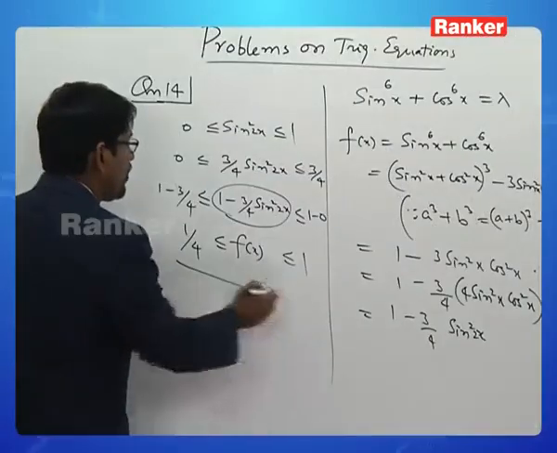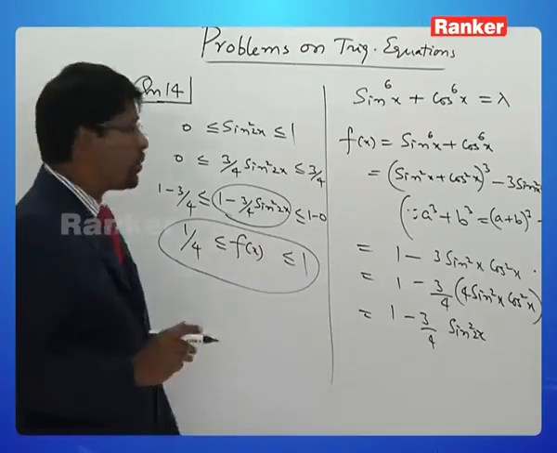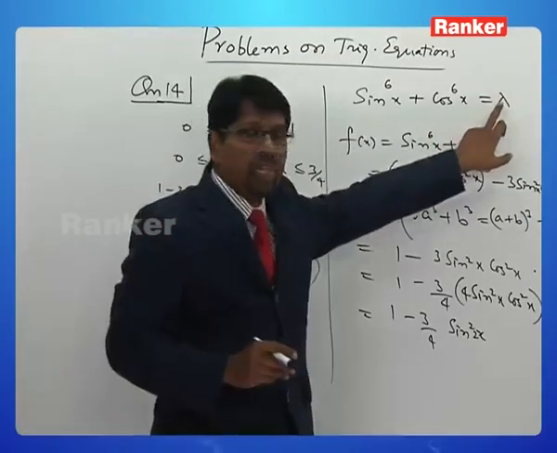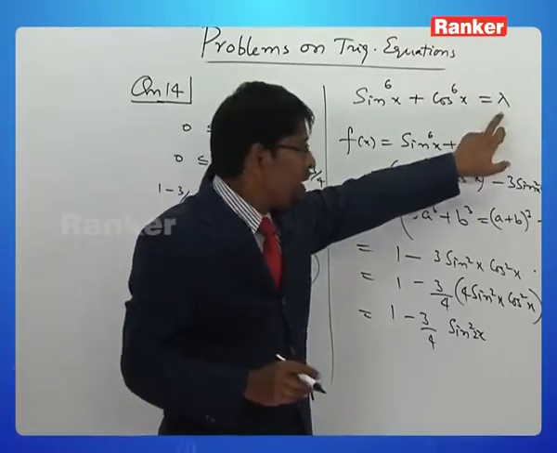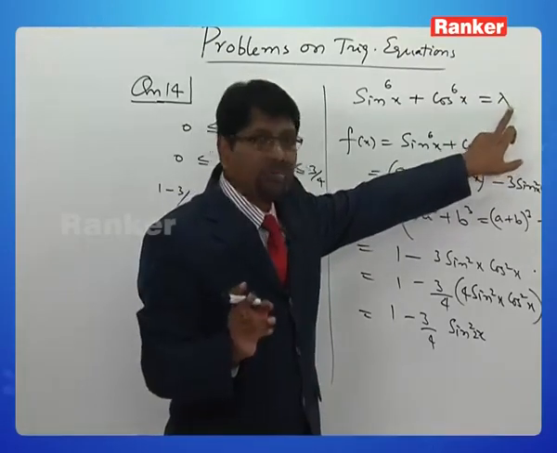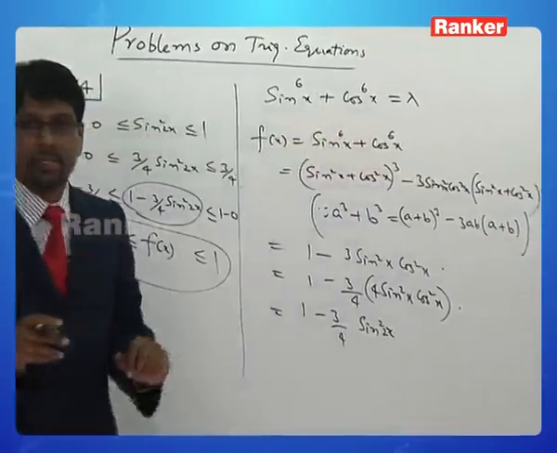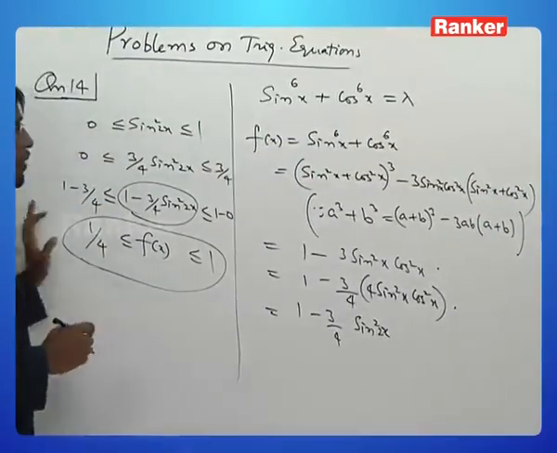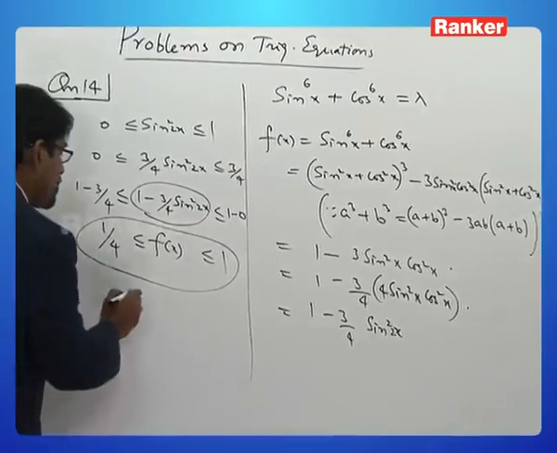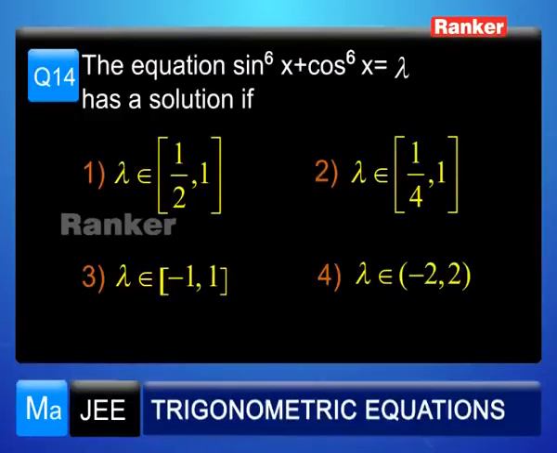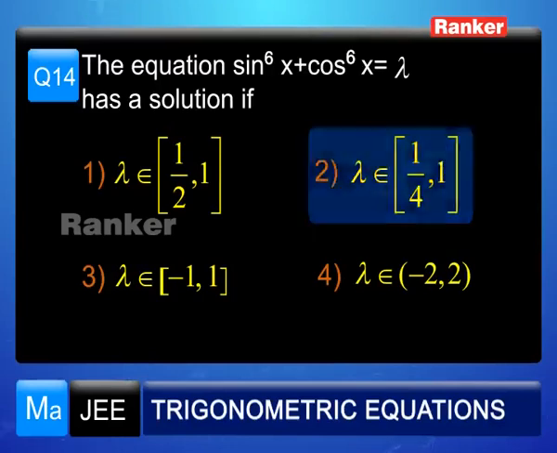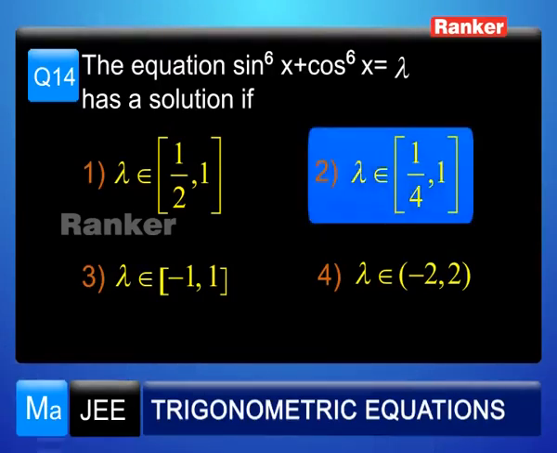The range of f of x is therefore 1 by 4 to 1. So only when lambda equals some value between 1 by 4 to 1 will we be able to solve for x. Therefore option 2 is the right answer. Option 2 is the right answer.